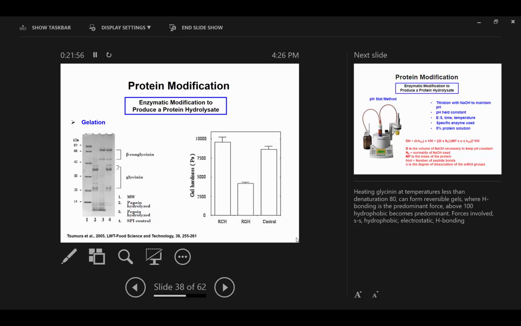You can see when they hydrolyzed glycinin, the strength of the gel was reduced, whereas when they hydrolyzed conglycinin, it is a little higher, but it's not that impactful. That means that protein subunit did not have an impact on the gelation performance of soy protein in general, whereas when you broke down the main component that elicits gelation, the gel properties were diminished.